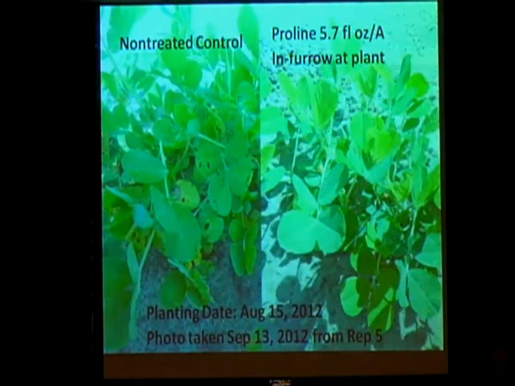On September 13th, this was the non-treated control compared to the plants that received the 5.7 fluid ounces of Proline in furrow. A very striking level of control at this point in time with that in-furrow spray.